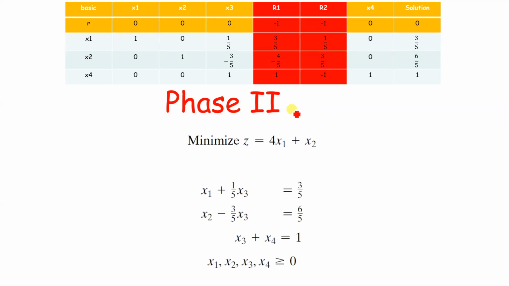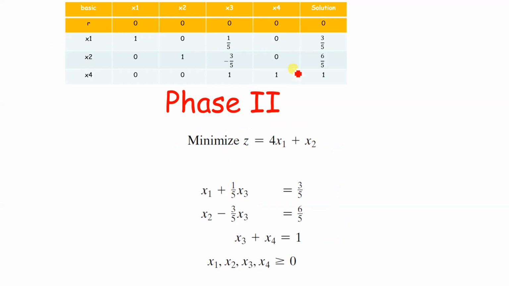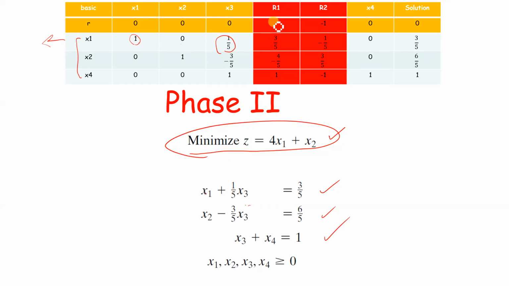Now we have to solve, this is our actual objective function. So we have to minimize this actual objective function using these constraints and these basic variables. Now these constraints in equation form can be written in this form. From this equation, we have coefficient of x1 is 1, so x1 plus 0 x2, so you cannot see x2 here, plus 1 over 5 times x3, and we have to eliminate these columns because we are done with them.